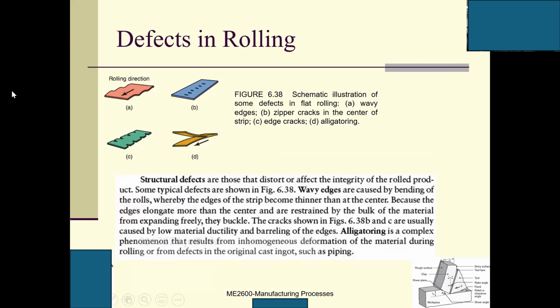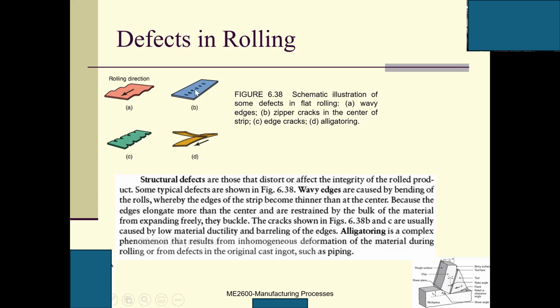However, for some reason, see, this edge is not straight. It is curved. And also here, it's also curved. This definitely changes the final shape of your final product. This is not good.